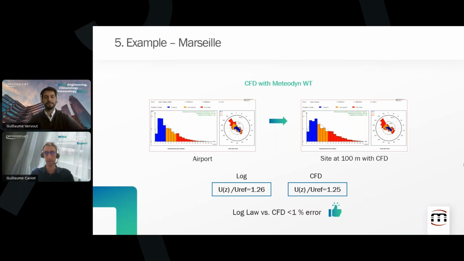And more interesting, if you have a look at the windroses, what the CFD approach gives is pretty much the same as what I got at the inputs. There is no deviation, so the orographic effect was very light in this case. So no need for a complex approach here. That's a relief.